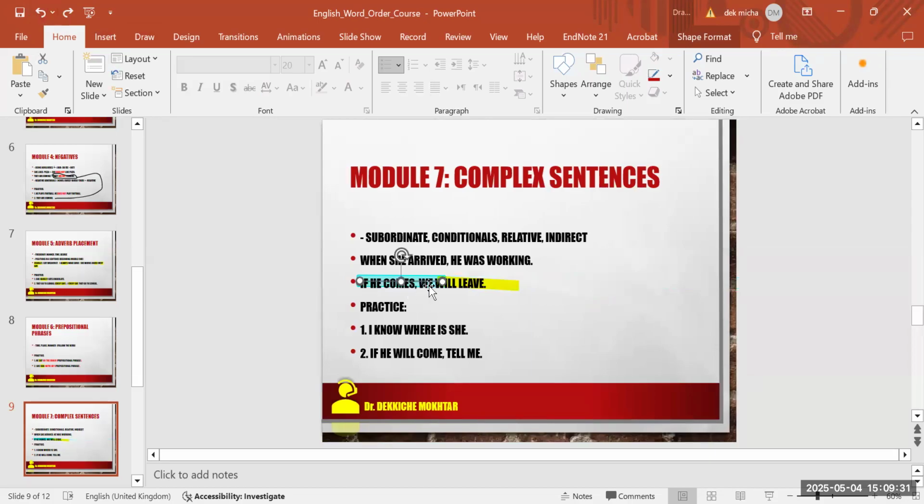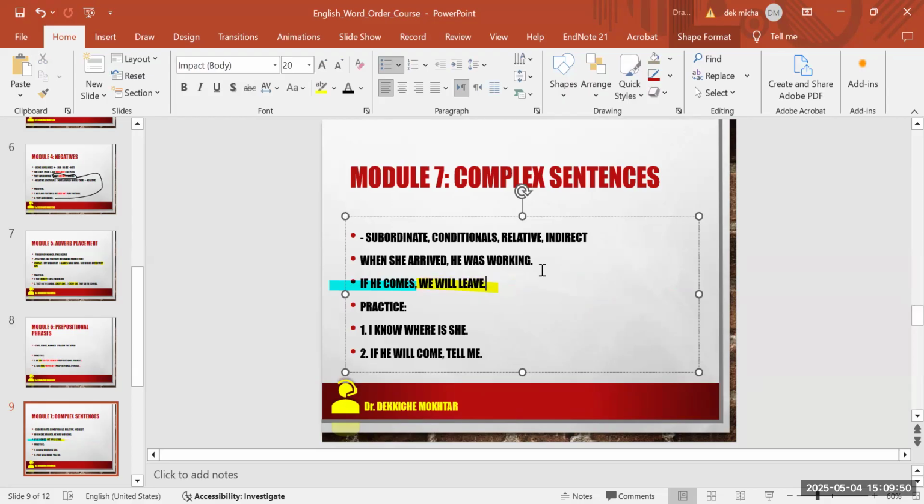Sorry for this missing. If he comes, we will leave. We will leave is a complete, meaningful sentence. And this is a conditional here. If he comes, we will leave. We will not leave unless he comes. There is a condition.